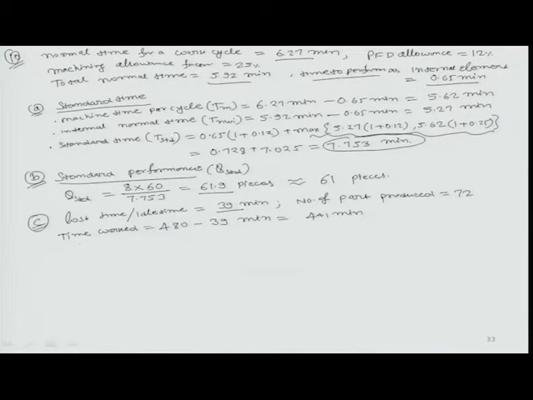Okay. Then total machining time. We are talking about machining time. So, we will have to consider how many parts were produced, that is 72, and how much time each takes, that is the machining time per cycle, 5.62 minutes, and that is equal to 404.64 minutes. Okay. Now, total worker control time.